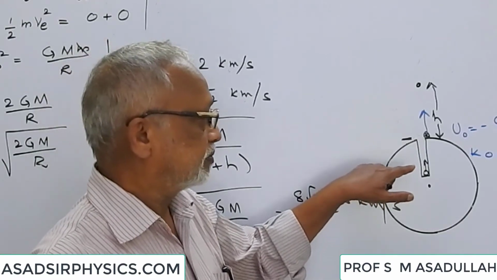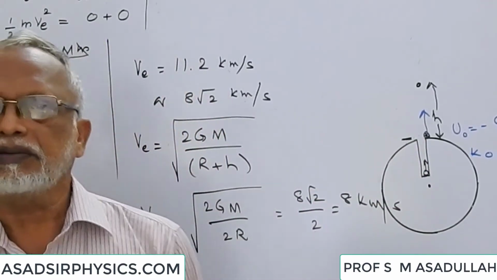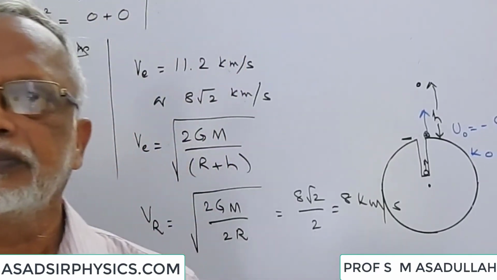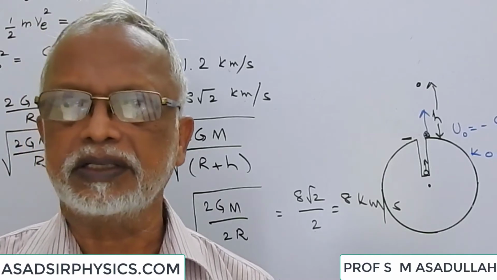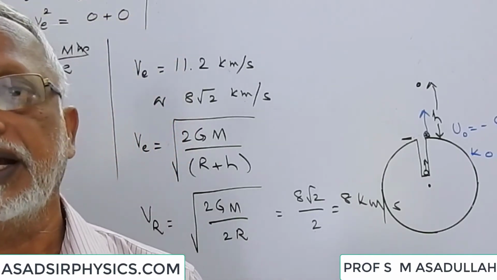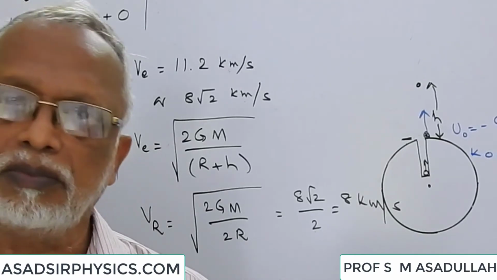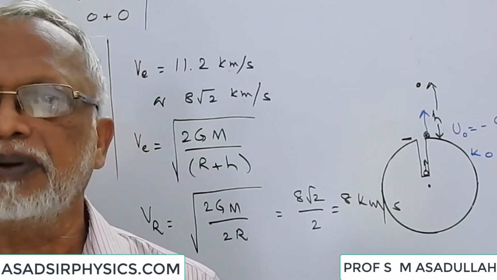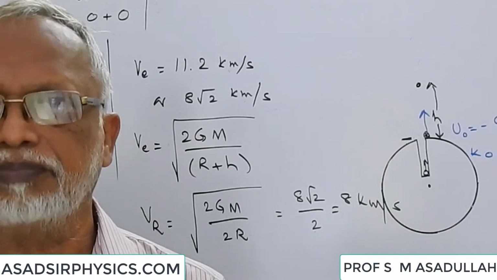For reaching from the bottom of the well to the surface, it requires some energy, that means some more velocity. Therefore, now the escape velocity will be more than 11.2 kilometers per second. How much it should be? That depends on from what depth the body is projected up.